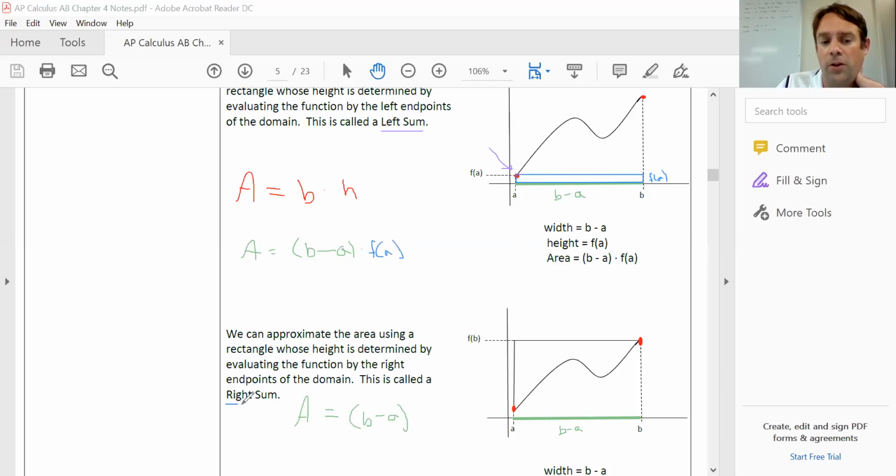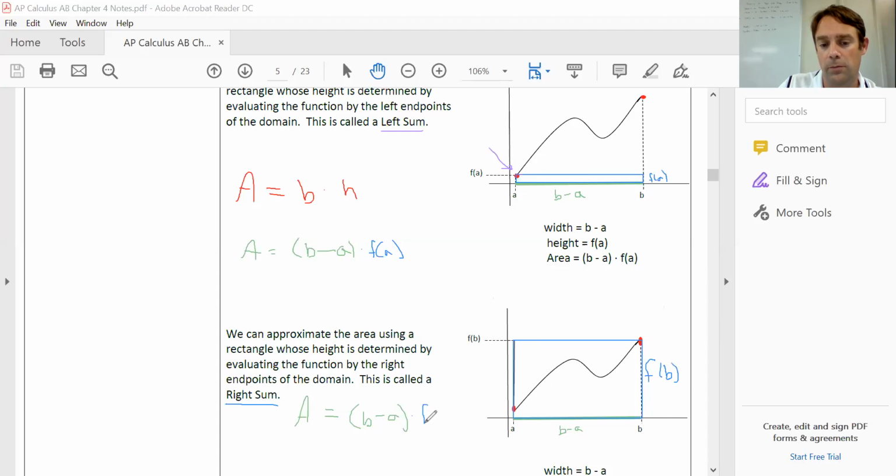This one right here is called a right sum because you're using the right endpoint value to determine the height. So I come over here to the right endpoint value and I go up until I reach that right sum, times f of b. Notice where the left sum really drastically underestimated the area, this right sum was way, way too big.